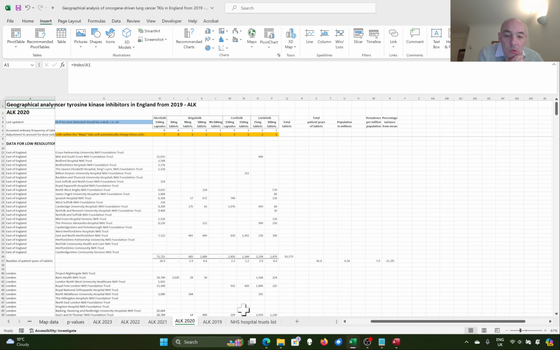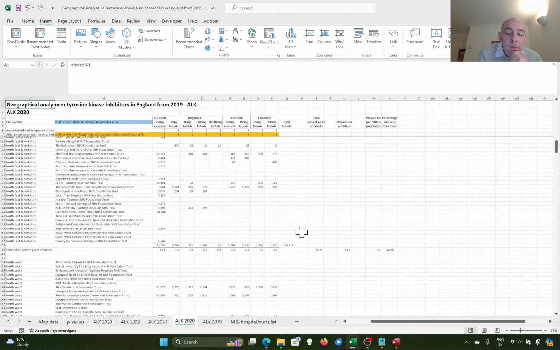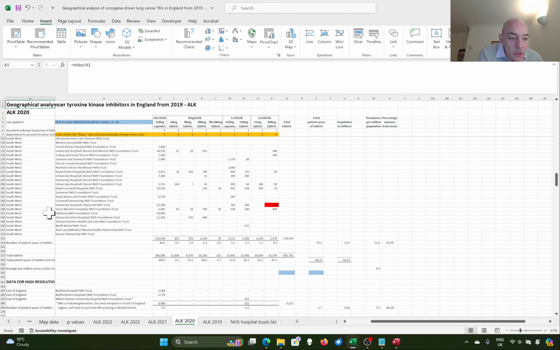You'd notice there was also a red cell here. That's for one of the Plymouth University Hospital, Plymouth. Again, there was a similar data issue for reasons that I don't understand. There was a dramatic change in the ordering of 100 milligram lorlatinib tablets for a number of months.